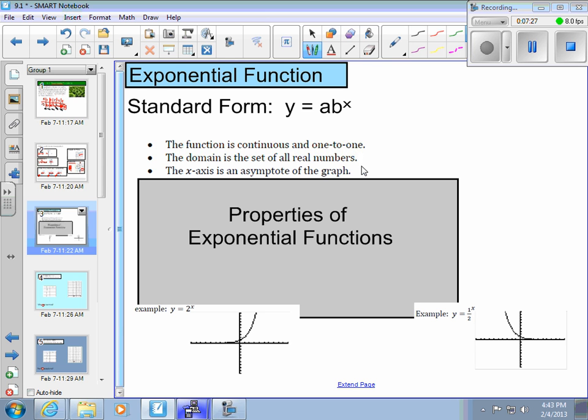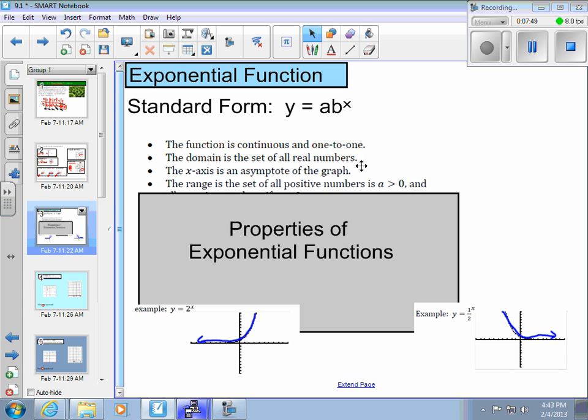An example, you can see some of the graphs to the right there. This graph right here keeps getting closer and closer and closer to the x-axis but never actually touches. Same with this graph over here, keeps getting closer and closer and closer, never actually touches the x-axis. So there's a horizontal asymptote at the x-axis.